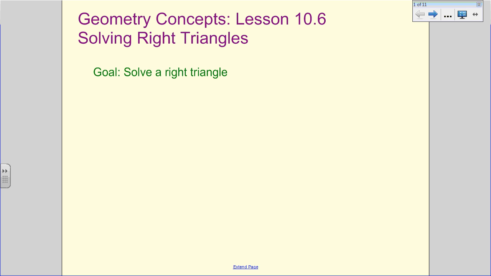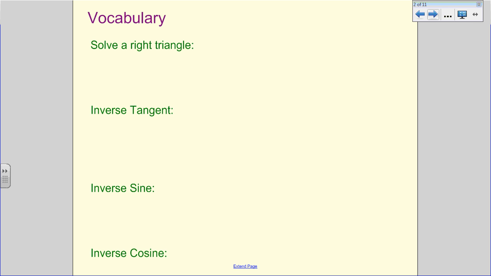So lesson 10.6 says solving right triangles, and the goal obviously is to solve a right triangle. So our first vocab is to solve a right triangle. What does that mean?